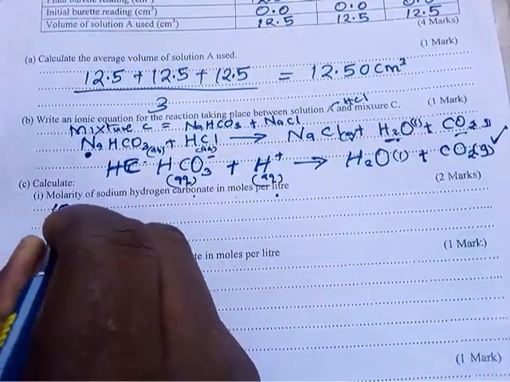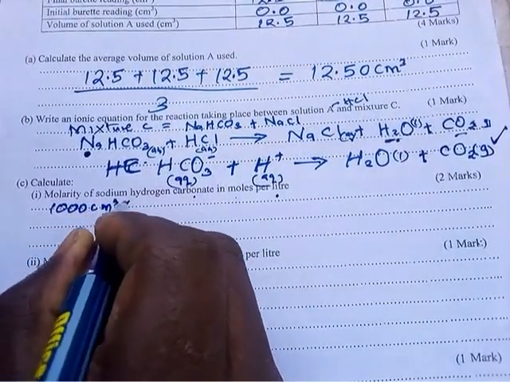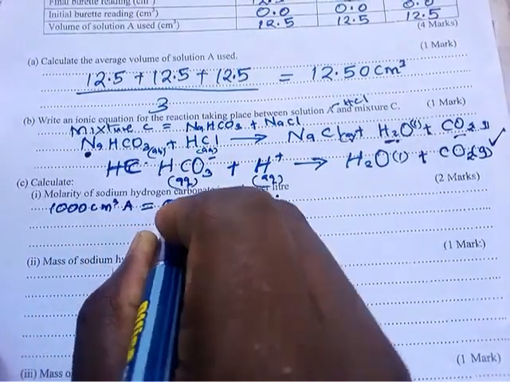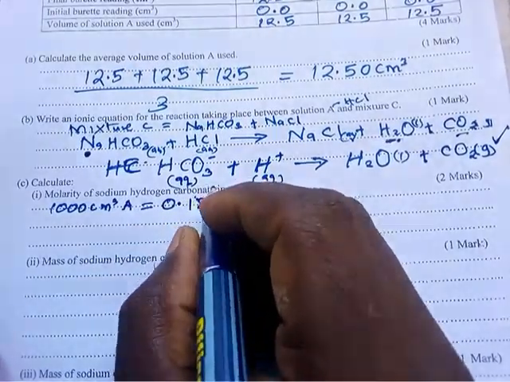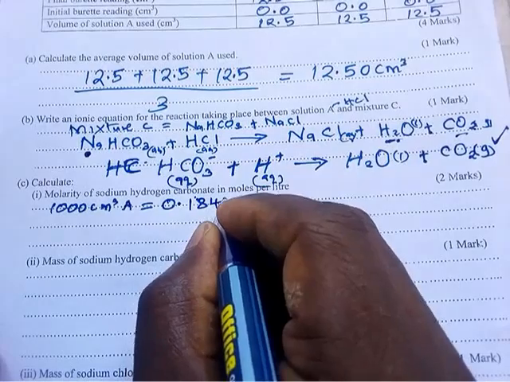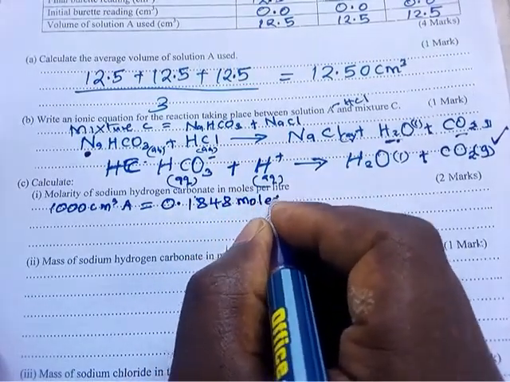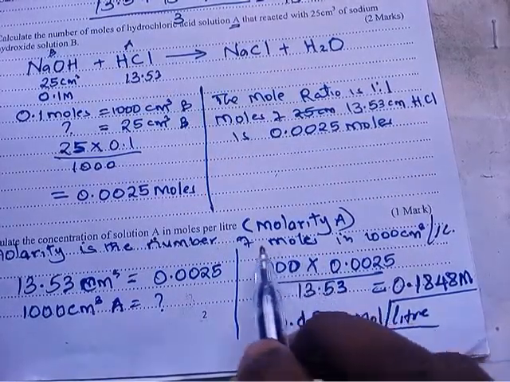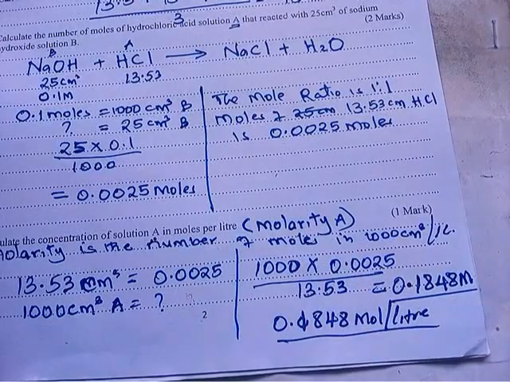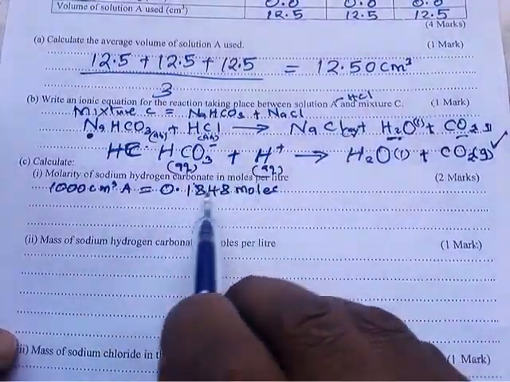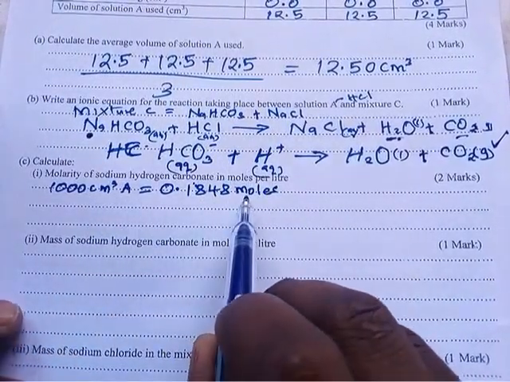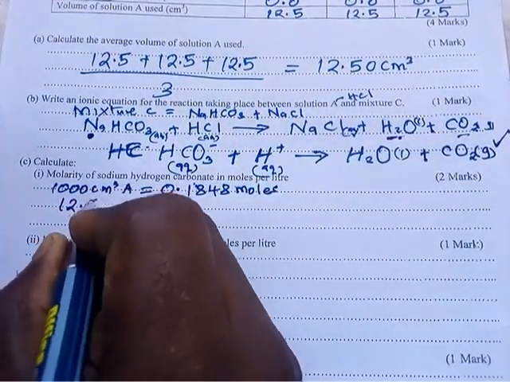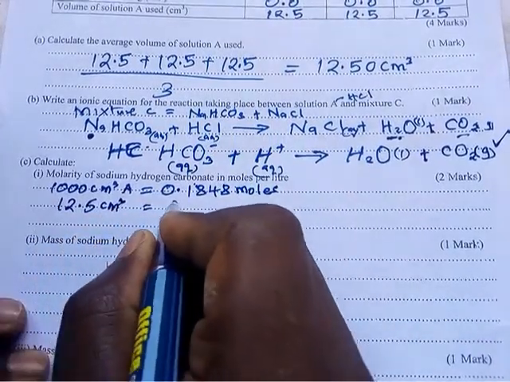So 1,000 centimeters cube of solution A contains 0.1848 moles. Where did I get this one? In our previous part, we have the molarity of A here. This is the molarity of A. So that's what I have used. So if 1,000 centimeters cube of A contains these moles, what about the A that was used here, 12.5 centimeters cube? It will contain how many moles?